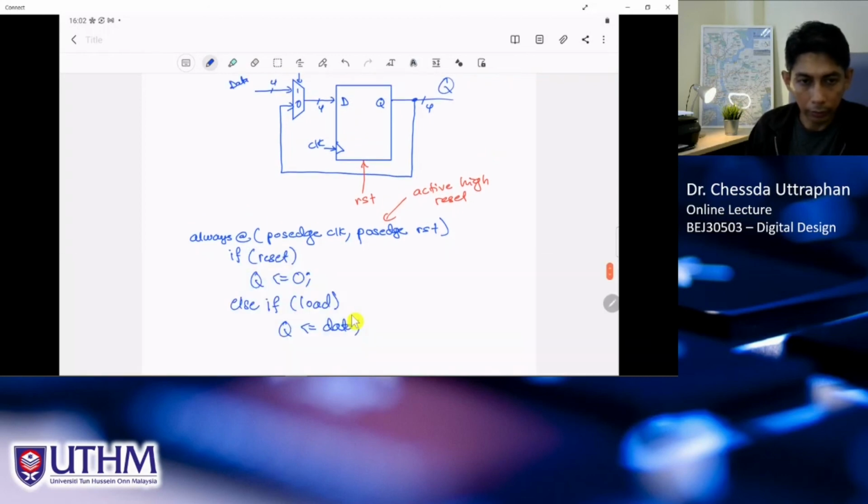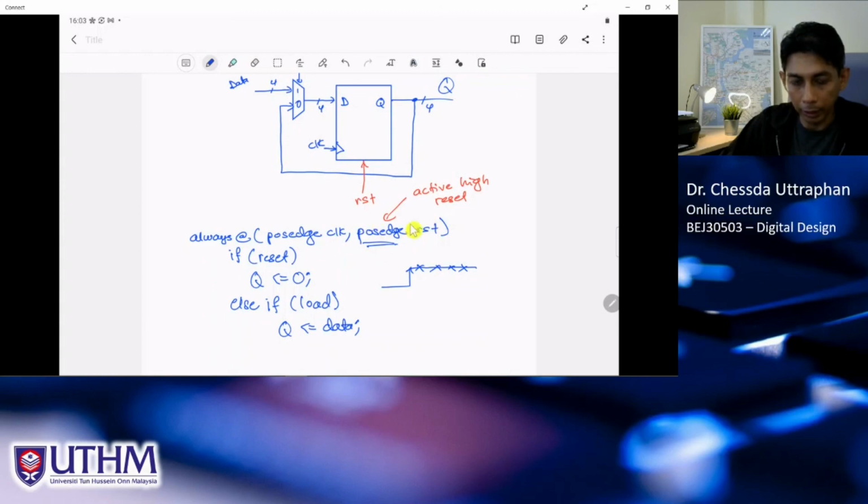So this is how. And again, when we write posedge in Verilog for reset, it is actually not sensitive to the edge. It is actually level sensitive. It means that whenever the reset signal is positive, whether you are at the edge or this point or this point, it always resets this register to 0.